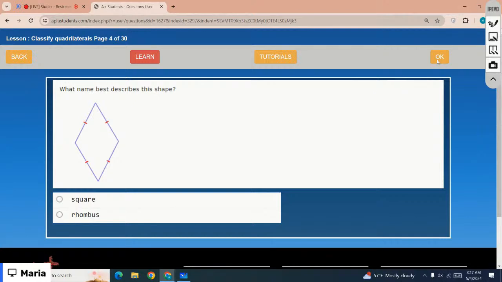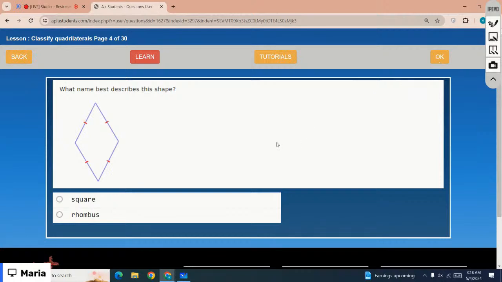What name best describes this shape, which is the correct option? Rhombus it is, right? The correct option is rhombus.